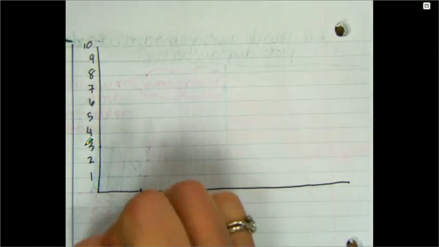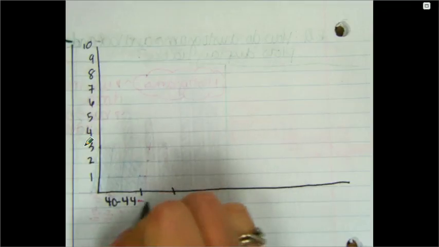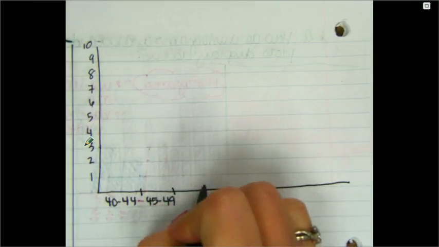Alright, what are our intervals starting at? What's the first interval they give us? What was it? 40 to 44? And the next interval was what? Good. Then the next one?